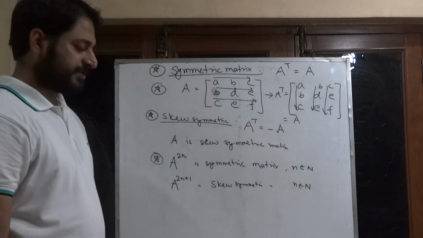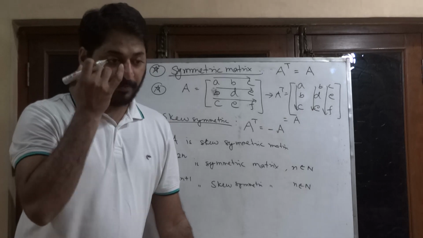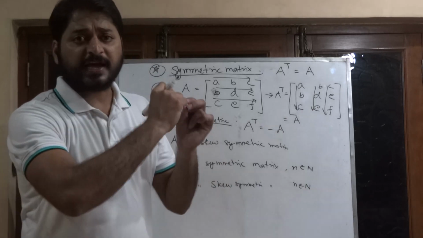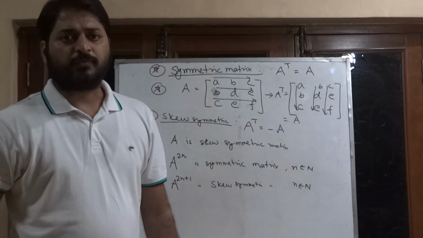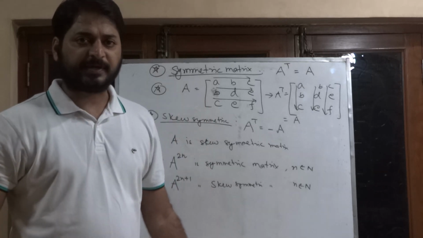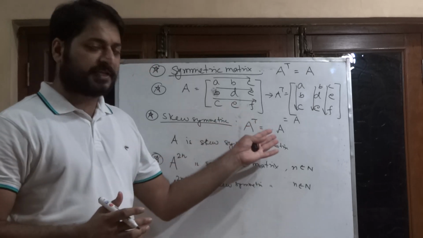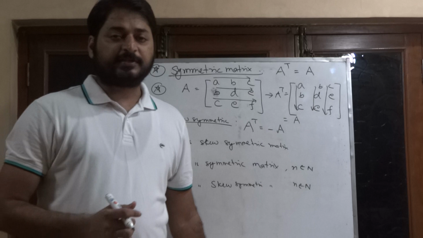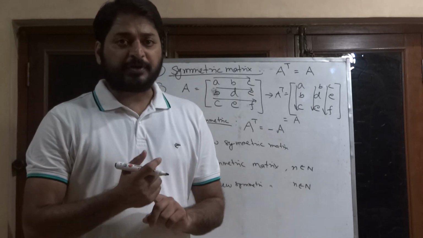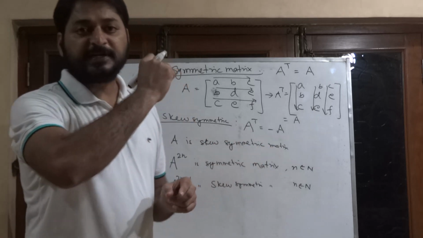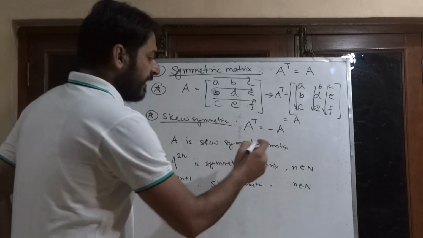There is one special property in the skew symmetric matrix. In a skew symmetric matrix, all the diagonal elements are 0. Whatever the other elements may be, they are such that if you transpose it, you will get the negative of the matrix. But most importantly, in every skew symmetric matrix, the principal diagonal elements are 0, like this one.